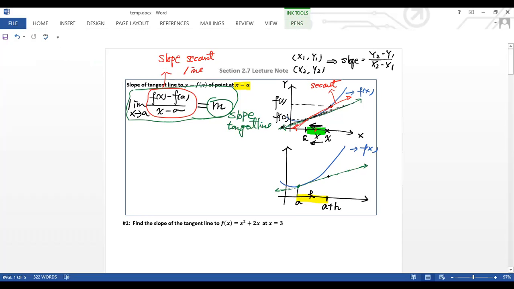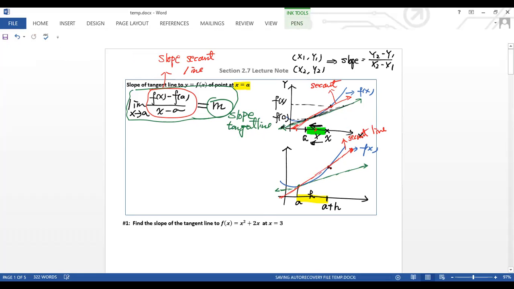So now I have another point here. And just like we did before, if you connect these two points, this red one will give you the second line, right? When you connect the two points, you get a second line.